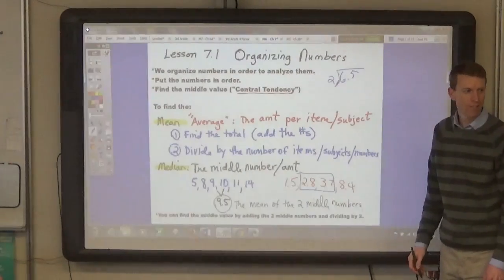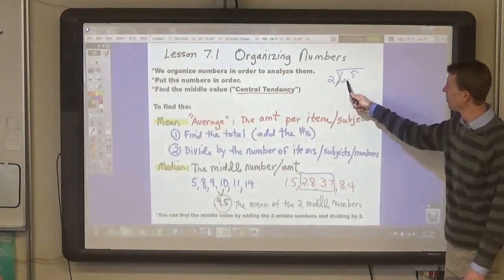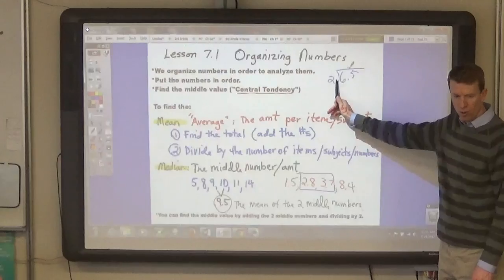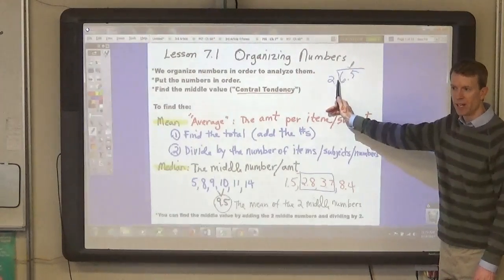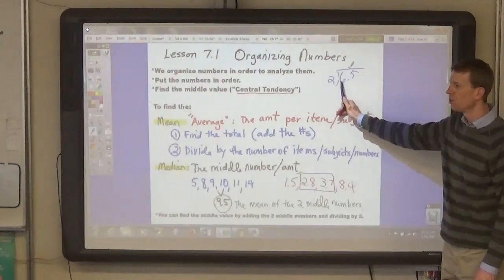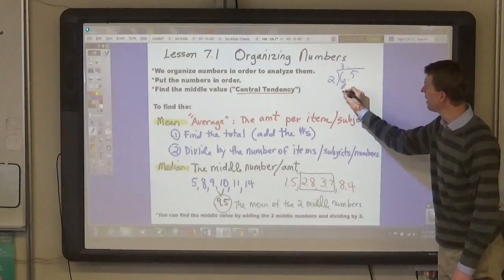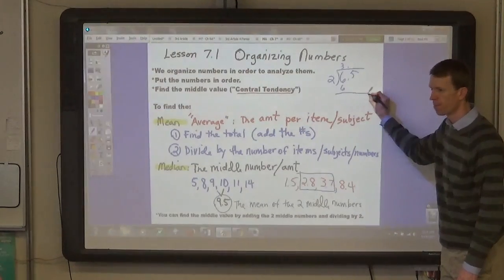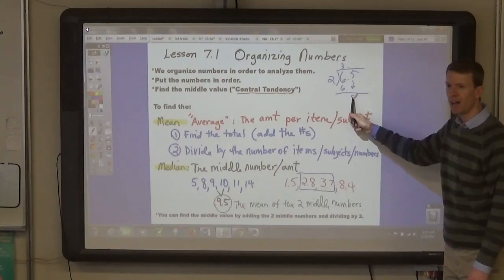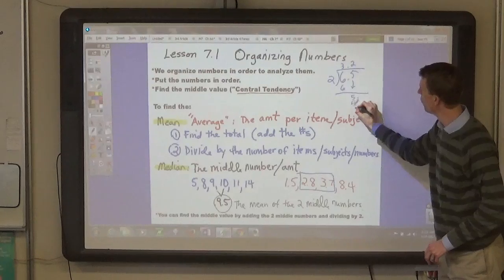How do you do 6.5 divided by 2? Put the decimal point up in the answer, because we need to have a whole number divisor. Then, 2 goes into 6 3 times. 3 times 2 is 6. Bring down the 5. 2 goes into 5 2 times. 2 times 2 is 4.